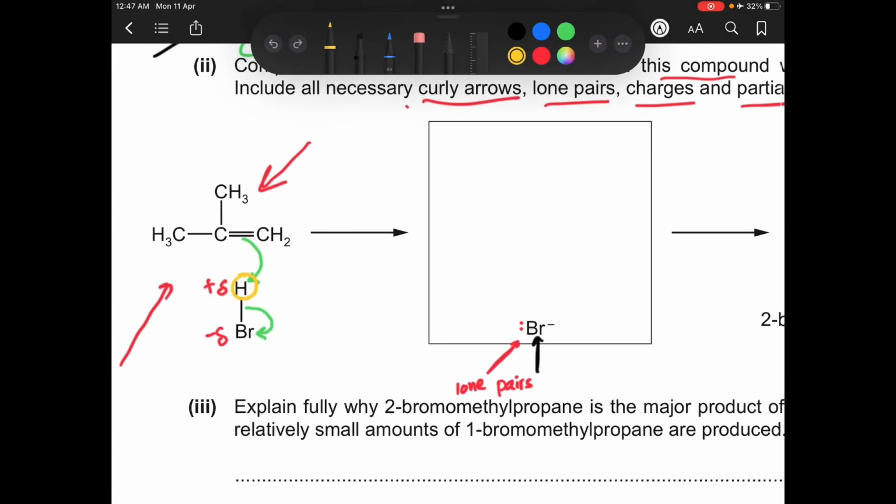So you will have CH3 that is bonded to CH3 in here. You will have a positive carbocation, and here we have the rest of the compound. So this is the formation of the carbocation. And keep in mind, we have a carbocation here because it's tertiary and it's more stable than primary and secondary.